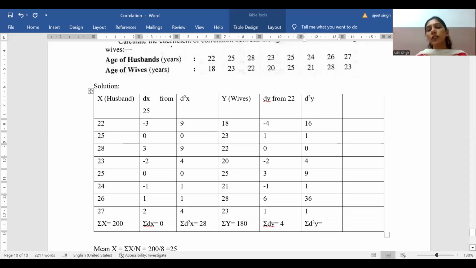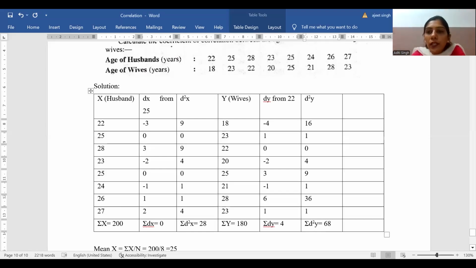So let's calculate: 16 plus 1 plus 4 plus 9 plus 1 plus 36 and plus 1. So it is 68.